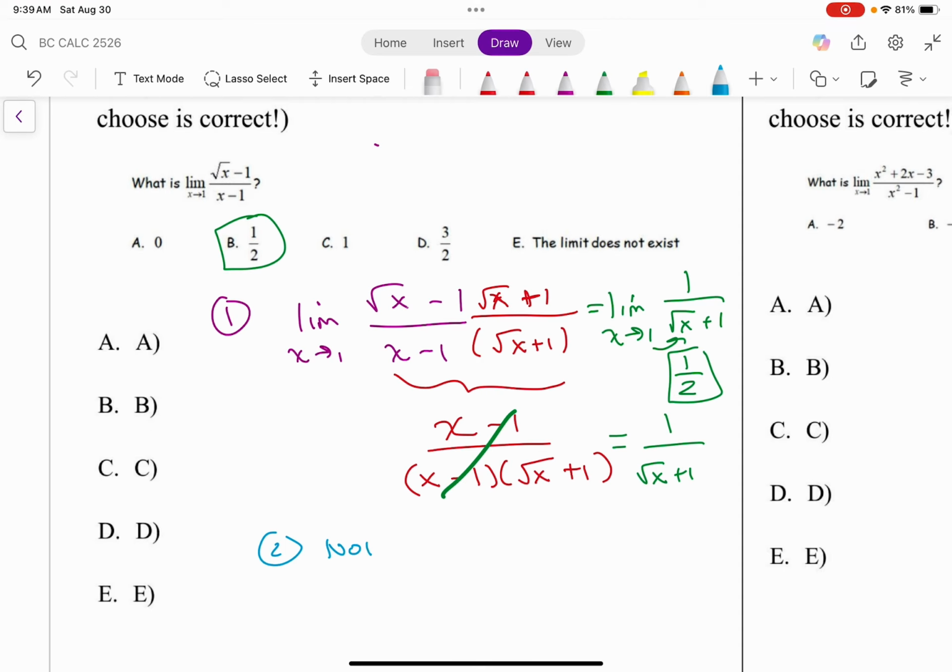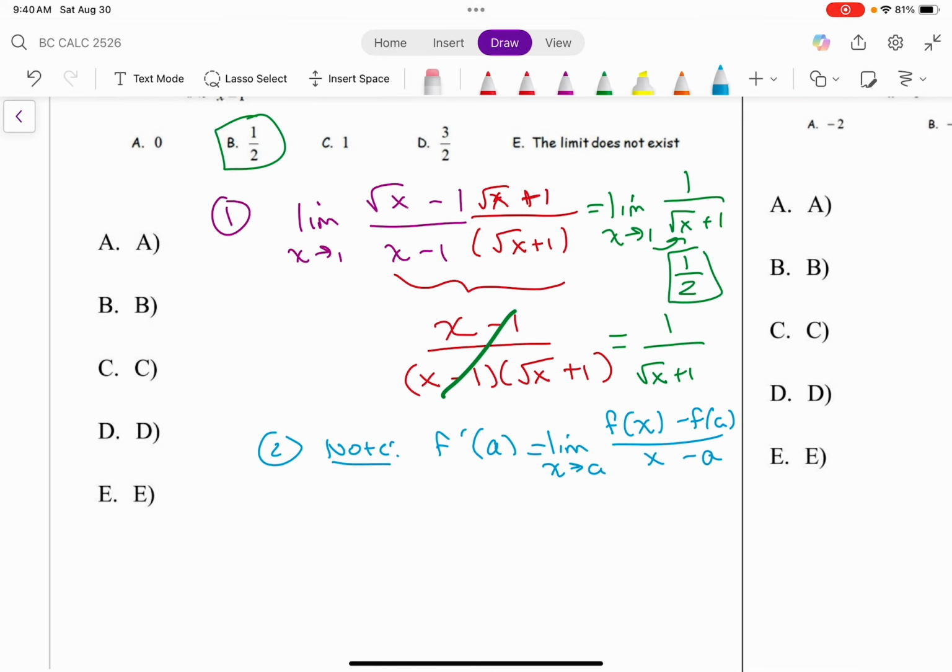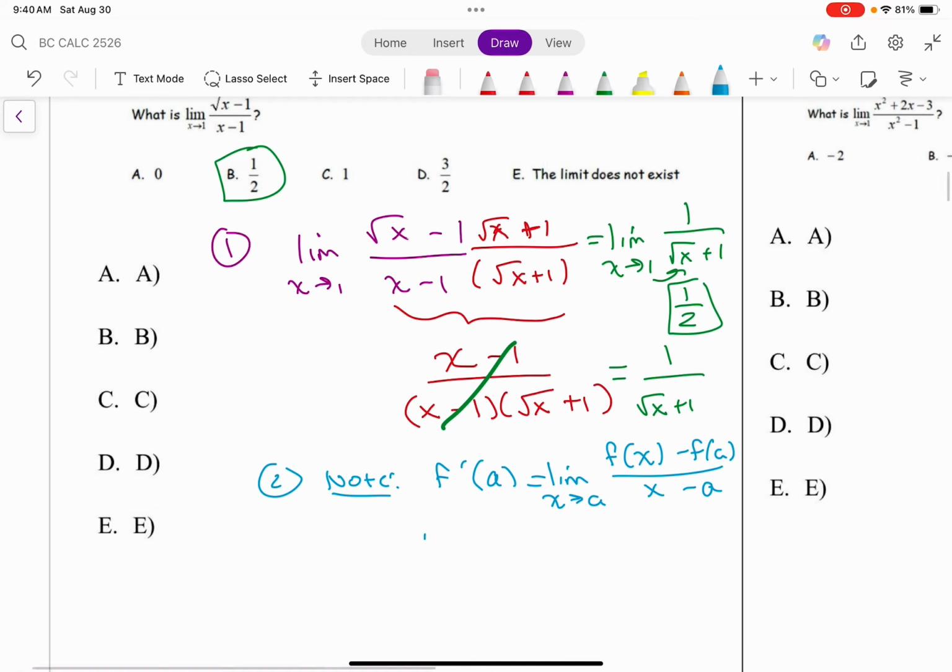that you notice that the derivative of a function at an a value, one of the two definitions, is this. In our particular case, our function is root x.